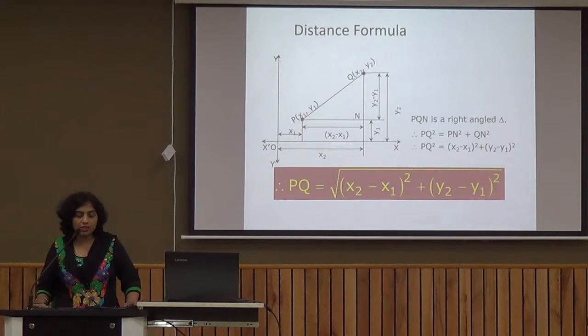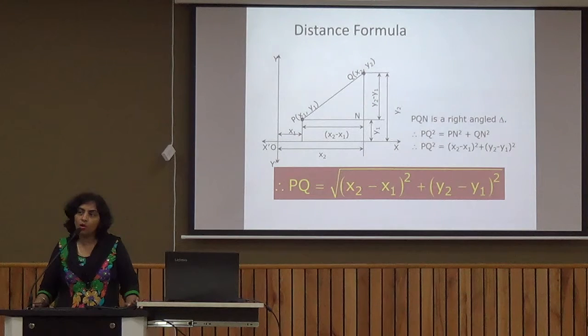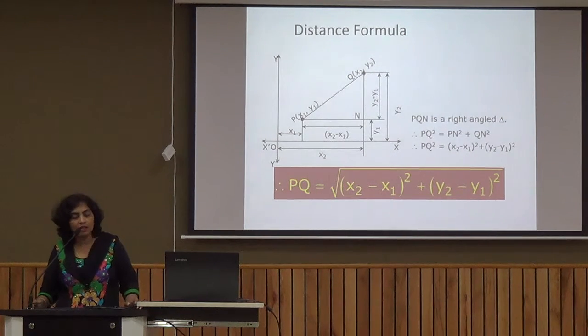At the point P, the coordinates are x1, y1. So the horizontal distance from the y-axis is x1 and the vertical distance from the x-axis is y1. Similarly, at point Q, the horizontal distance from the y-axis is x2 and the vertical distance from the x-axis is y2.